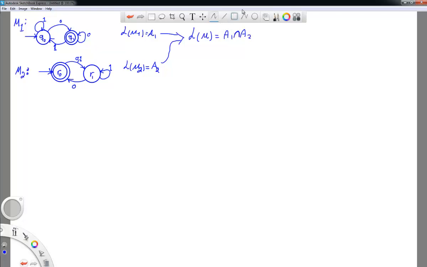Now the good news is that from theorem 125, I already know that, oh, I did the intersection symbol.